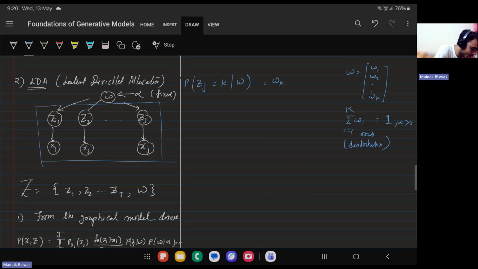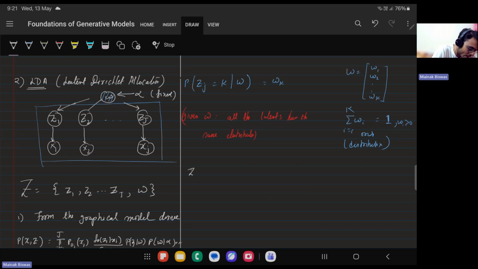So once you're given omega, this is my probability distribution. The idea is given omega, all the latents have the same distribution. Right, so let us try and understand what this means, and we can write a joint probability.